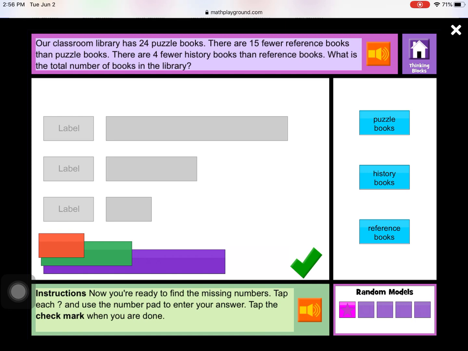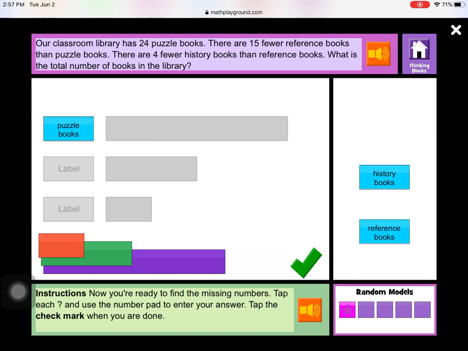All right. I always feel more comfortable if I read it the second time. Our classroom library has 24 puzzle books. There are 15 fewer reference books than puzzle books. That must mean I have less reference books than puzzle books. There are 4 fewer history books than reference books. So I'm thinking right now the most I have of something is puzzle books.